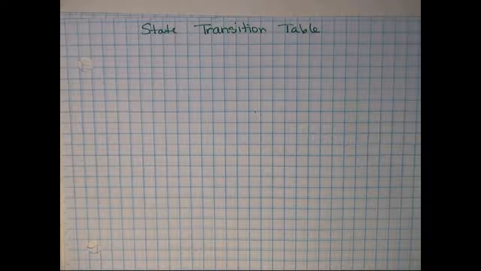If you were at the bottom of your page, you probably want to go to a new page. This is like at least 13 lines long and 7 columns wide. If you write teeny tiny, that's okay, but I wrote pretty big.